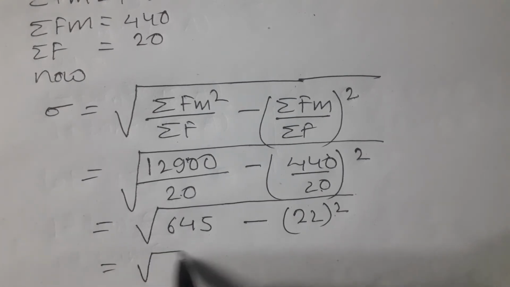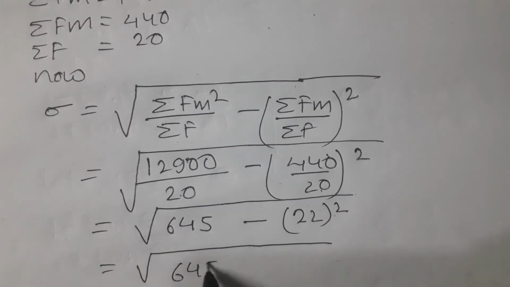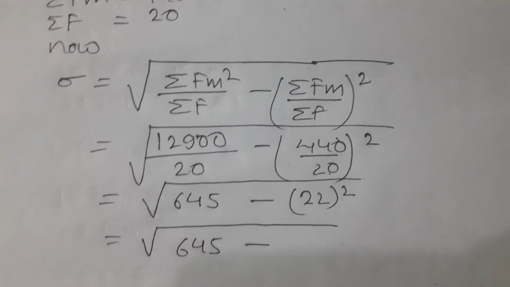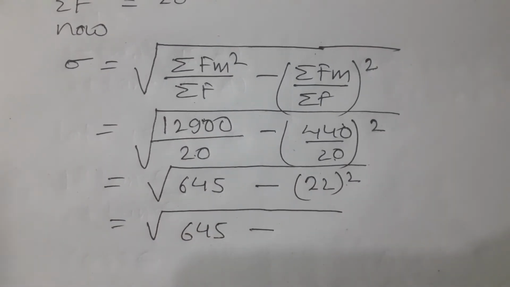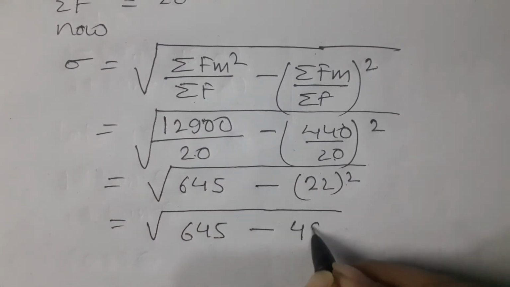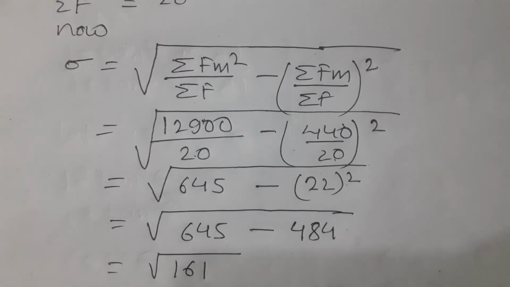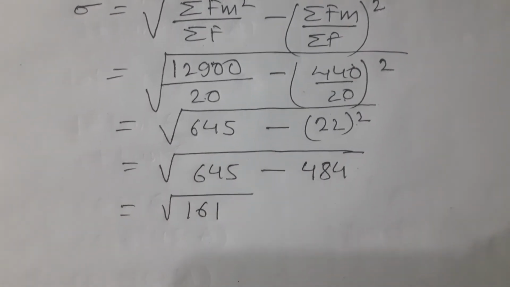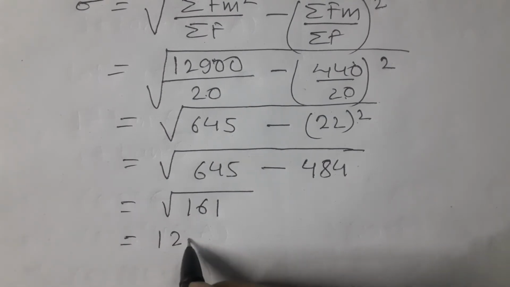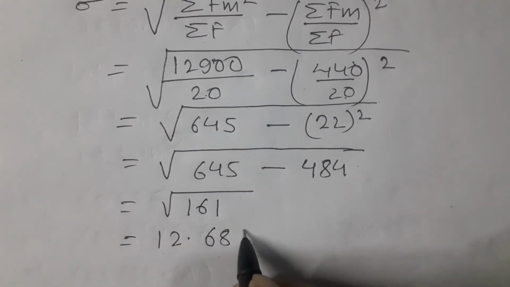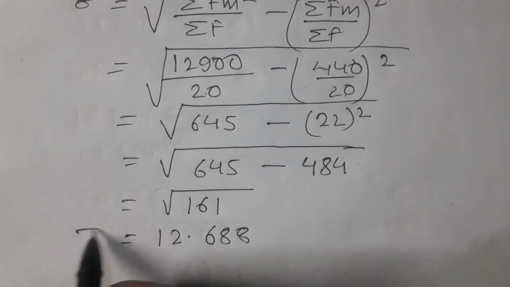So my next step is 22 square. 22 square becomes 484, and you need to subtract them. 645 minus 484 becomes 161, and root under 161 becomes 12.688, something like that. Okay, your standard deviation is done.